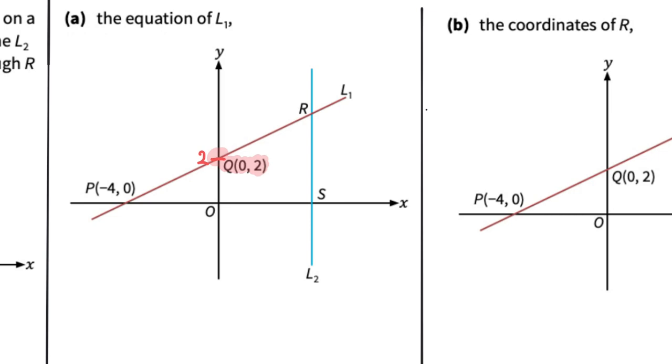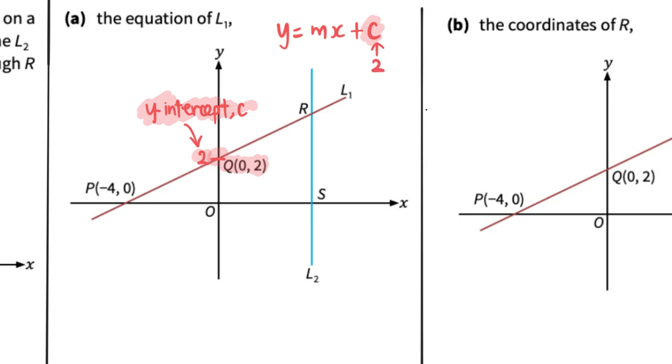And this is so important because this tells me that this is a y-intercept, which is the point that cuts the y-axis. So with y equals mx plus c, I already got my y-intercept, 2. So this c is actually 2.